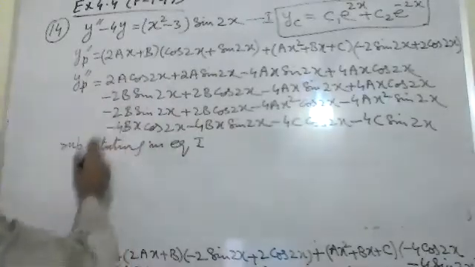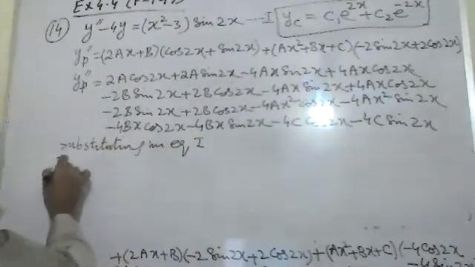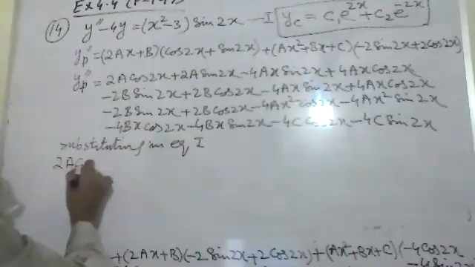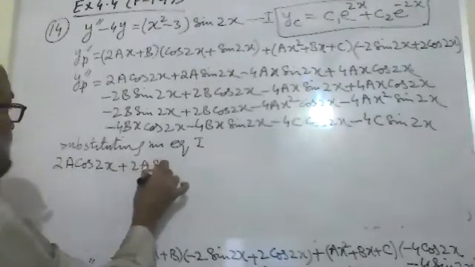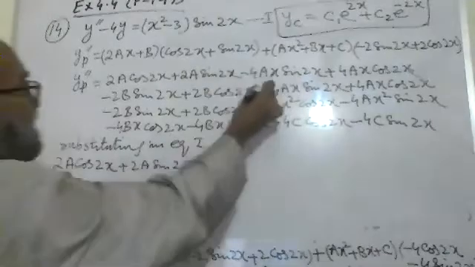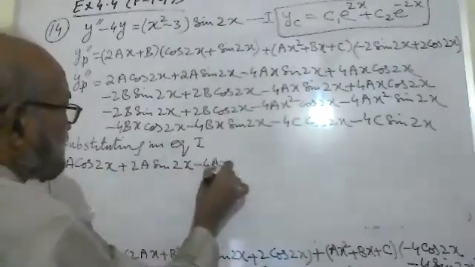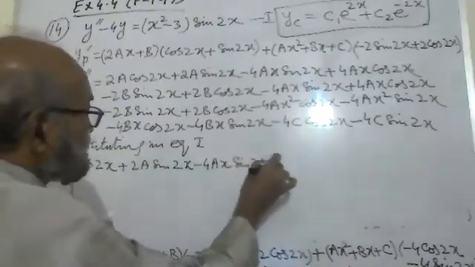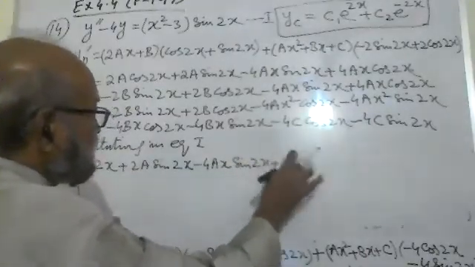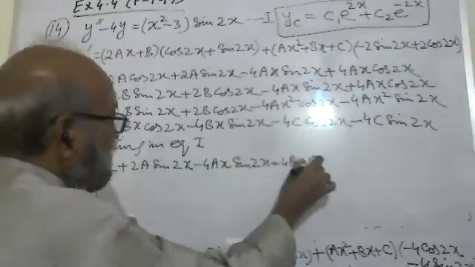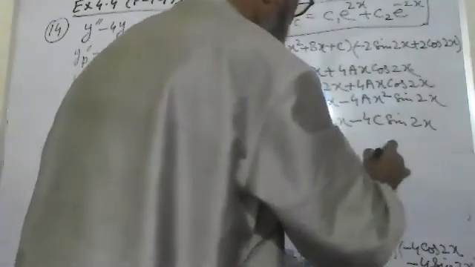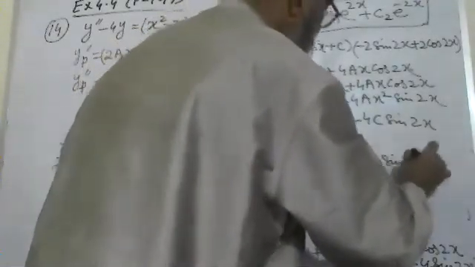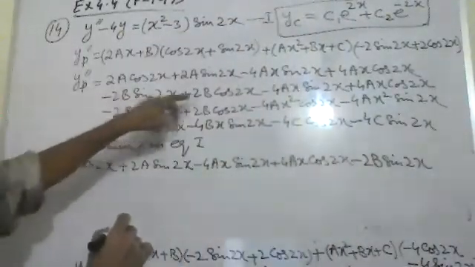I will write the whole yp double dash: 2a cos 2x plus 2a sin 2x minus 4ax sin 2x plus 4ax cos 2x minus 2b sin 2x minus 2b sin 2x plus 2b cos 2x.